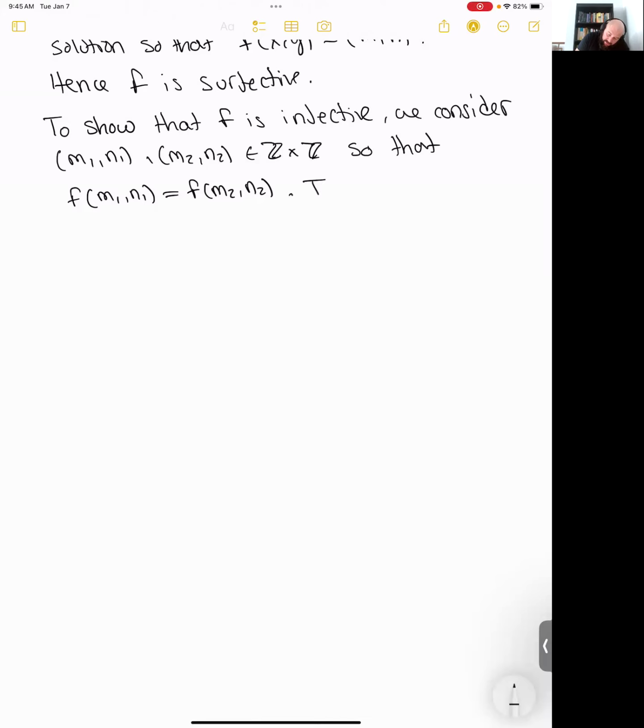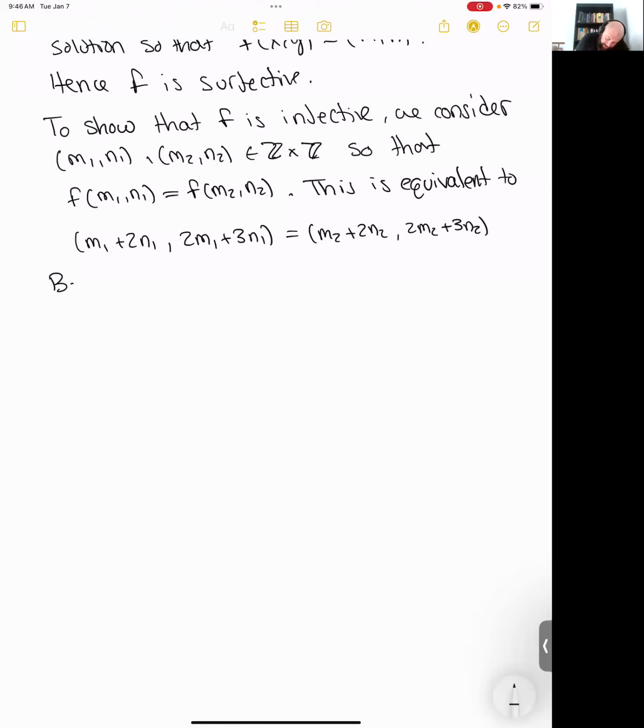Great. This is equivalent to, well, by definition, that says that (m1 plus 2n1, 2m1 plus 3n1) is equal to (m2 plus 2n2, 2m2 plus 3n2), right? That's just what the definition of the function is for these two different values.